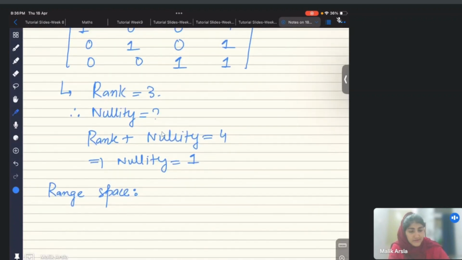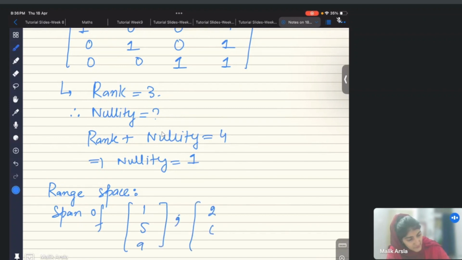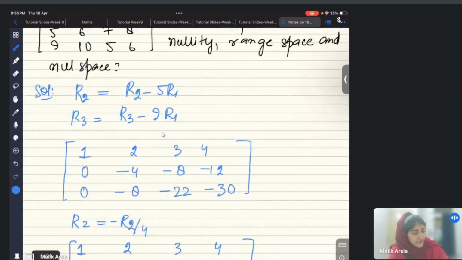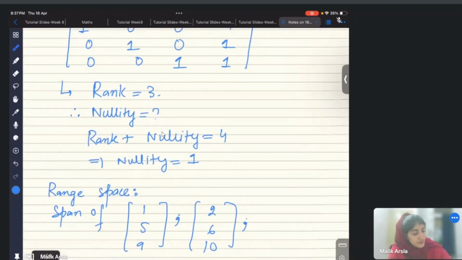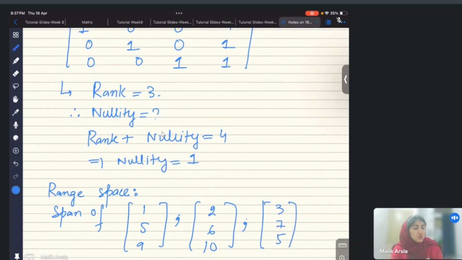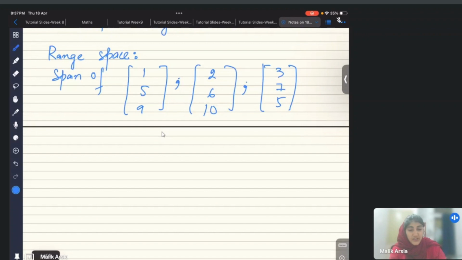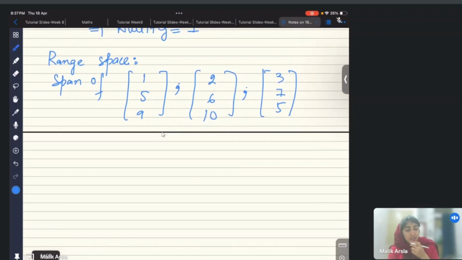So we can simply write range space is the span of column vectors 1, 5, 9; the second one was 2, 6, 10; and the third vector is 3, 7 and 5. So these three form the span of the range space.